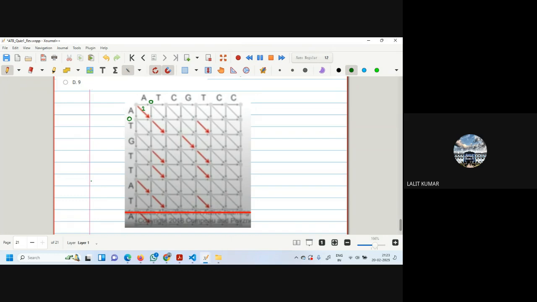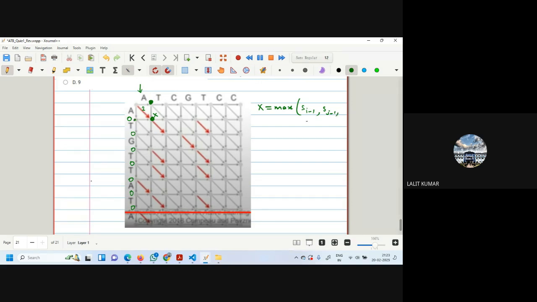So what do we do? First, we fill the first column. So this is 0, this is 0, this is 0, this is 0, this is 0, this is 0, this is 0. Now this AA is matching. So this value, x, for example, will be max of S i minus 1, j minus 1, which is this value. Then S j minus 1, which is this value.